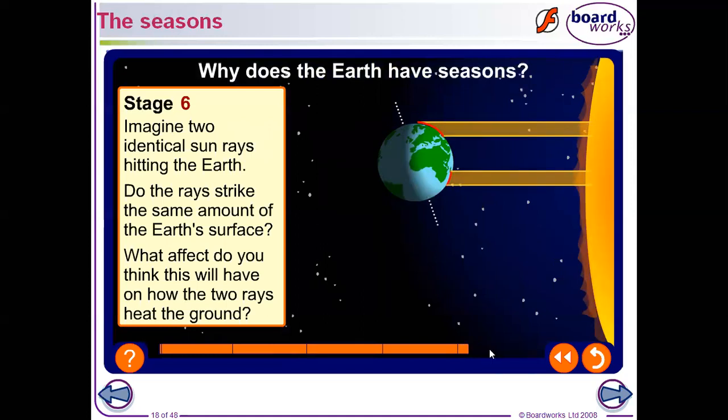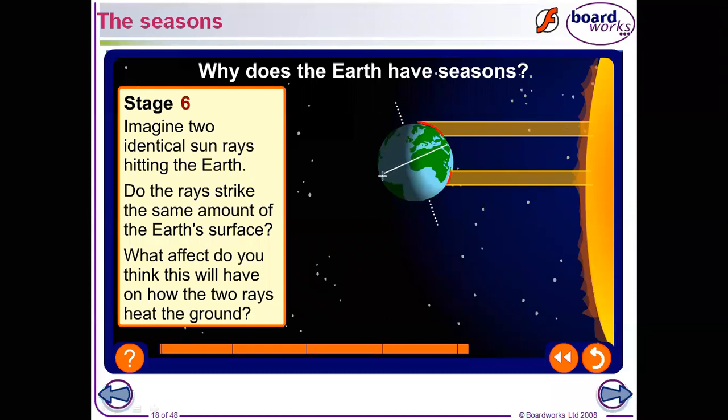Now, why does the Earth have seasons? Now, this will give us a clear picture of why we have the summer in the south here. If I should split it into two parts to give us a clear picture of what is happening, while we have the summer here and the winter here, notice that the sun ray here is actually spread apart, spread out.